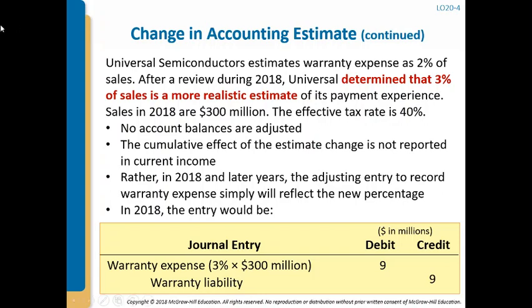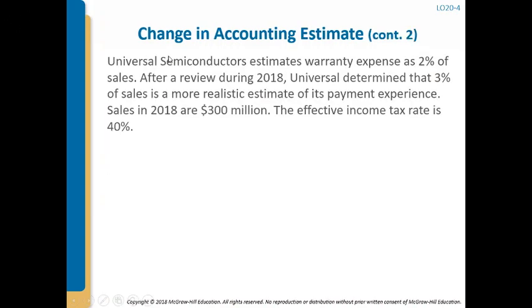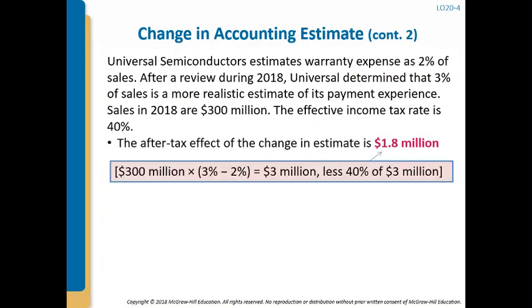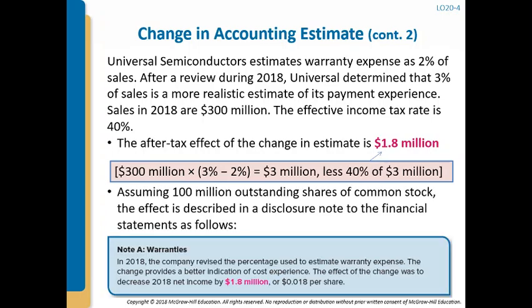And of course, your corresponding credit would be to warranty liability. And of course, here we have to show the after-tax effect of the change. So that's why they're calculating the 1.8 million there.